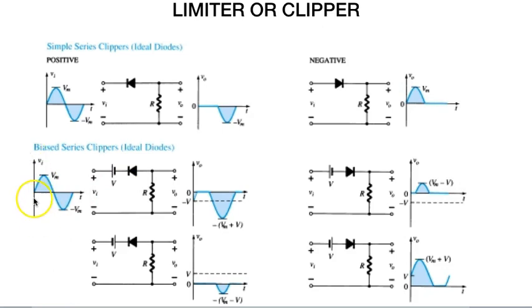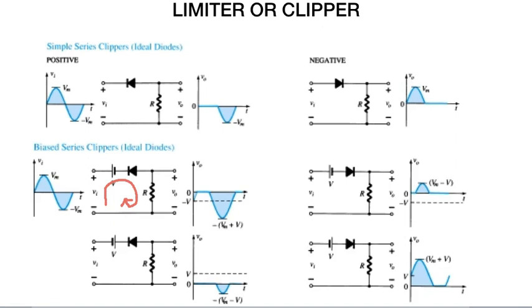If we have an AC input signal with plus and minus Vm and a diode like this, suppose a positive occurs at this point and we make a conventional current direction like this. We can see that the diode will be negatively biased, and the output will be 0.